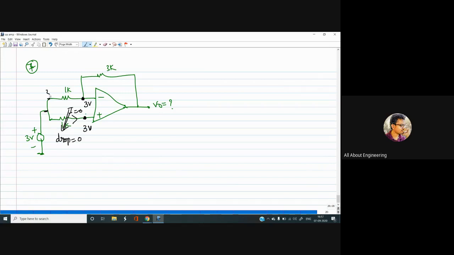As here it is 3 volts and here it is 3 volts, the current through this resistance is zero. As the current through this resistance is zero, no current enters through this resistance either. The current through this 3K is also zero, which means the drop across this 3K is also zero. That means this 3 volts is directly connected to the output. So your output is 3 volts.